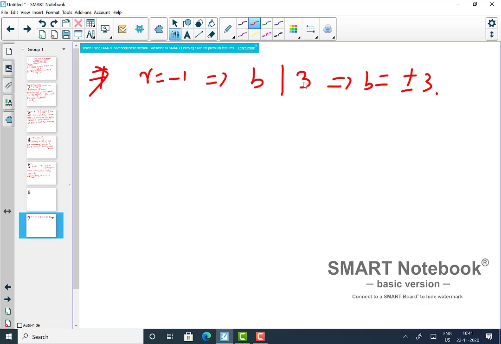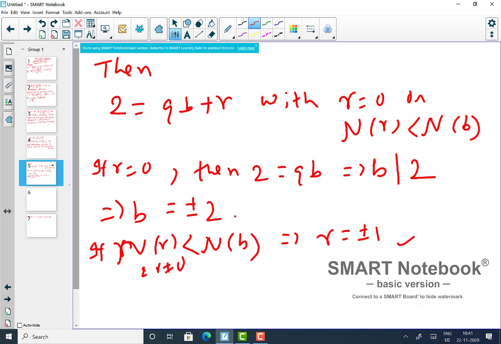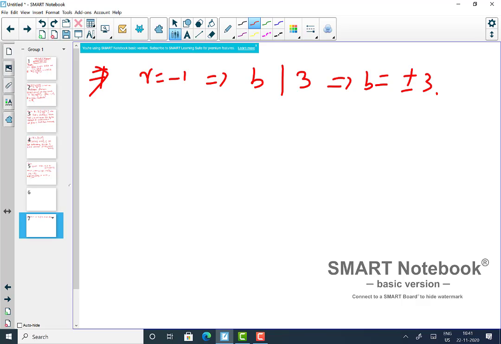R cannot be 1, because if R equal to 1, then B times Q equal to 1, but that is not possible, B is not a unit. So the minimum element has 4 options, plus or minus 2 or plus or minus 3. This is the minimum element.